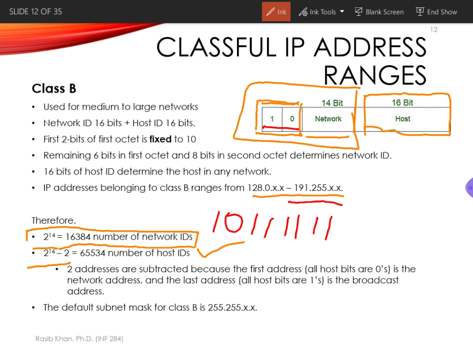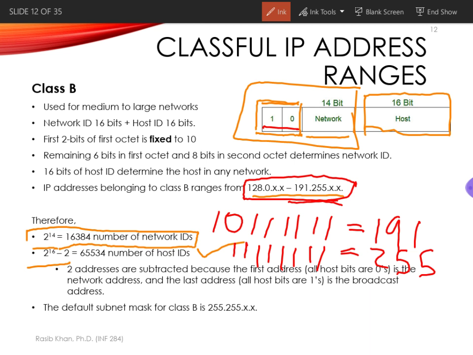So this is our first octet, which equals to 191. And for the second octet, we would have all of these to be ones, which is equals to 255. So therefore, the IP range for class B addresses stretches from 128.0 to 191.255.